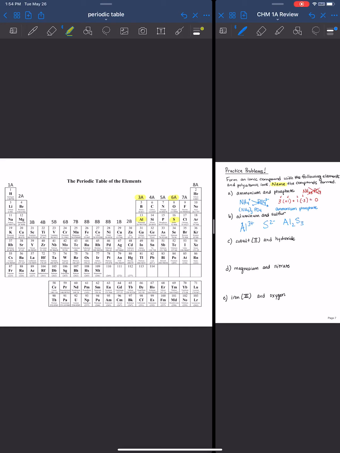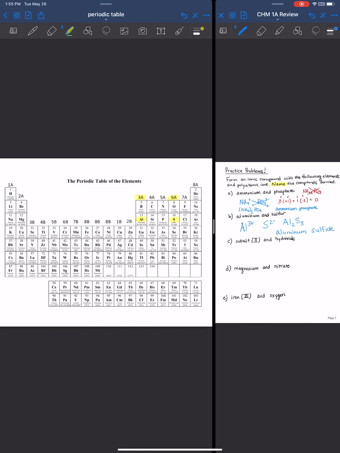All right, so what would be the name for this compound? Good, so full name for the cation, aluminum, and then sulfur turns into sulfide. Fantastic. Good. All right.